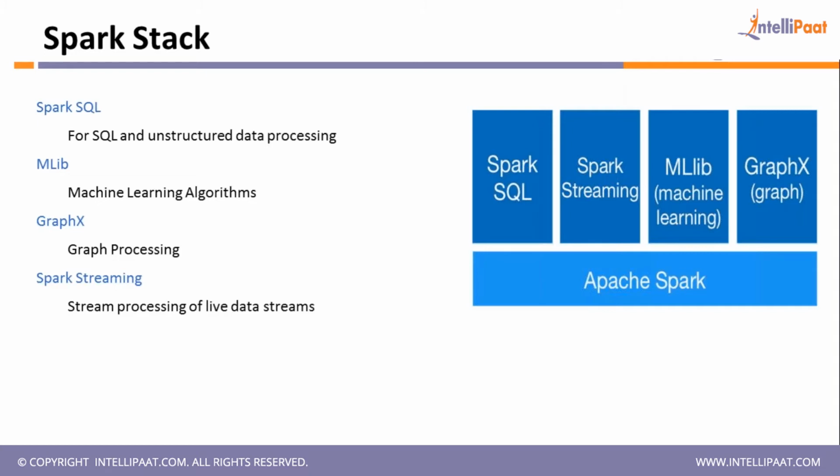So what Spark has done is given you inbuilt libraries, and you can directly use those APIs in order to implement these algorithms. The advantage is that you don't need to implement the entire algorithm from scratch. They have already written it for you.